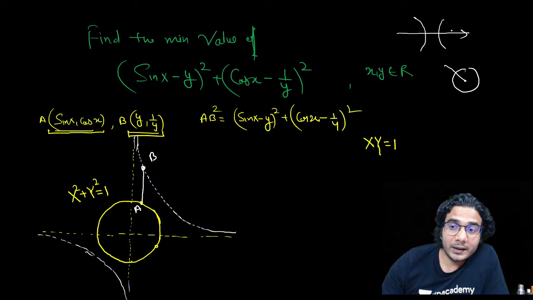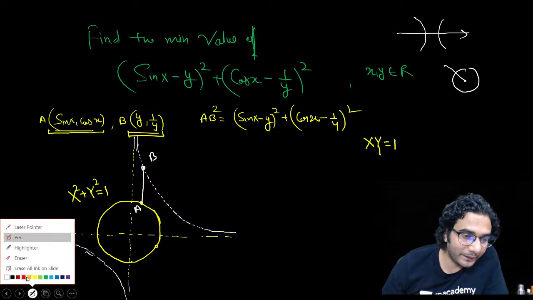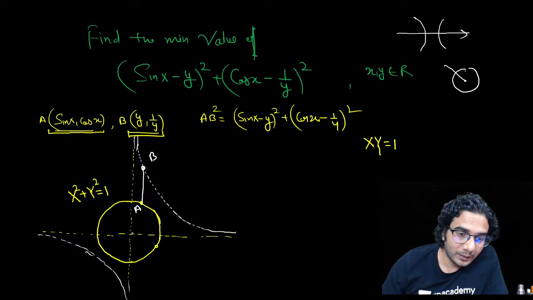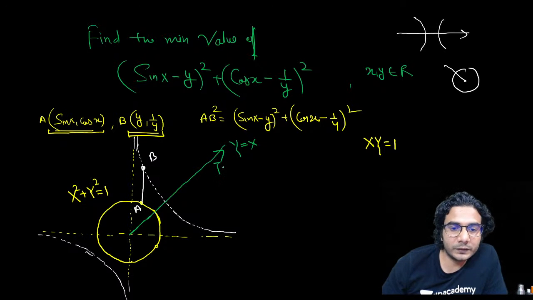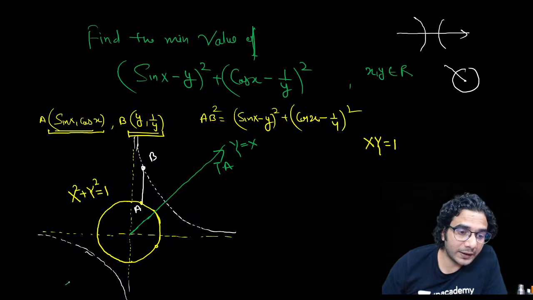So why am I telling you about this transverse axis? Because in this particular hyperbola, xy is equal to 1, you don't need to differentiate in this particular question. Why? Because this line, y is equal to x, is the transverse axis of this hyperbola. This is a normal, and because it is passing through the center of the circle also, it is also normal to the circle.